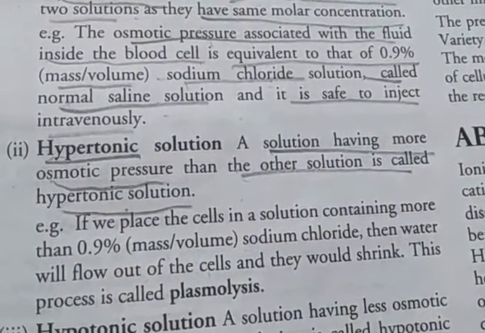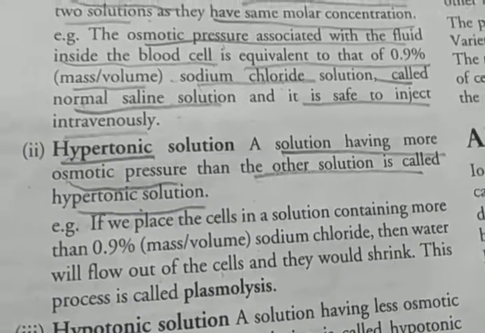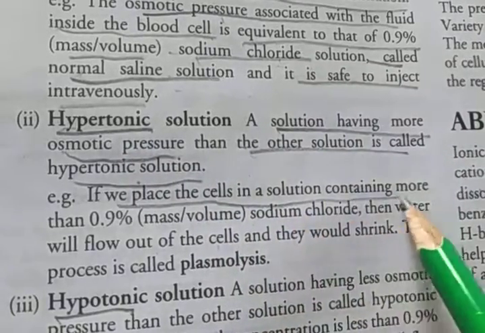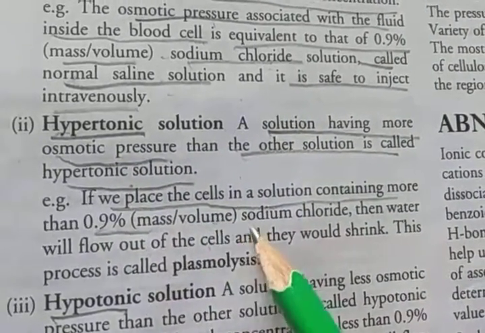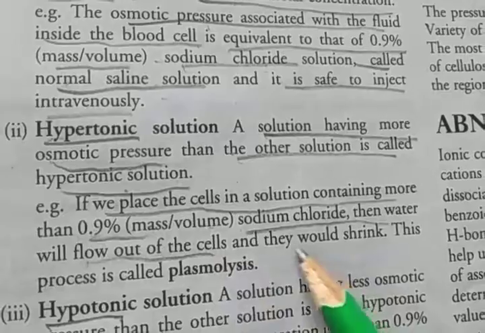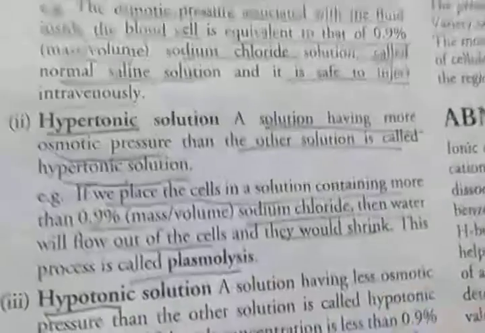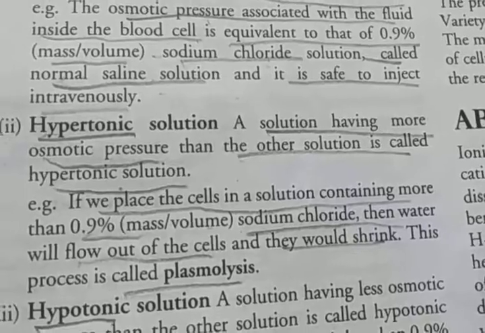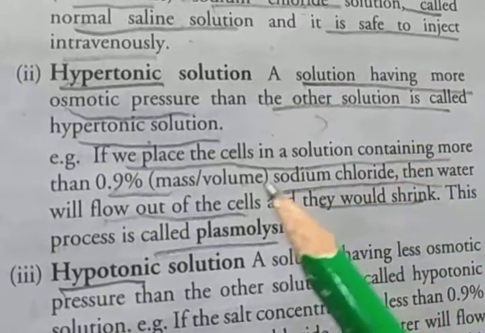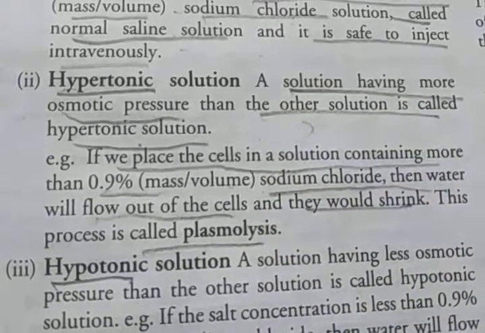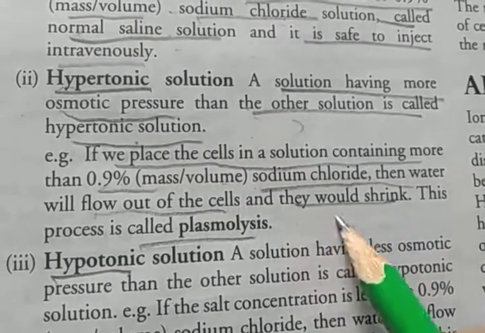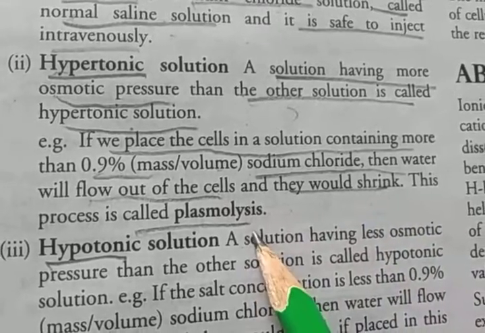For example, if we place the cells in a solution containing more than 0.9% mass per volume sodium chloride, NaCl, then water will flow out of the cell and they would shrink. This process is called plasmolysis.